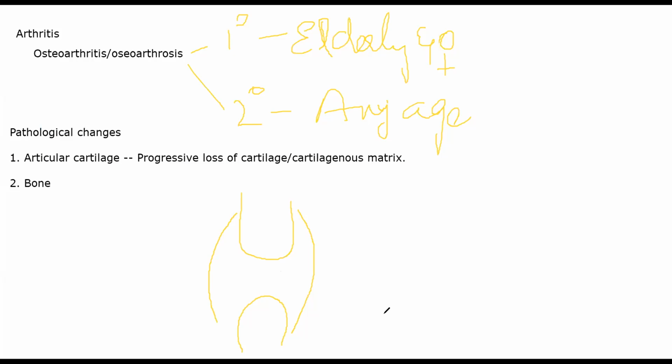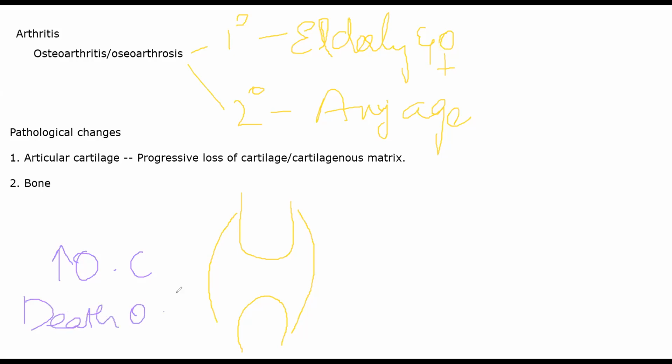If you look closely microscopically, there'll be a lot of osteocytic death. Osteocytes, which are responsible for formation of bone, will die, and osteoclastic activity will be increased. Osteoclasts are cells responsible for resorption of the bone, which will damage the bone. So there is increased osteoclastic activity and death of superficial osteocytes.